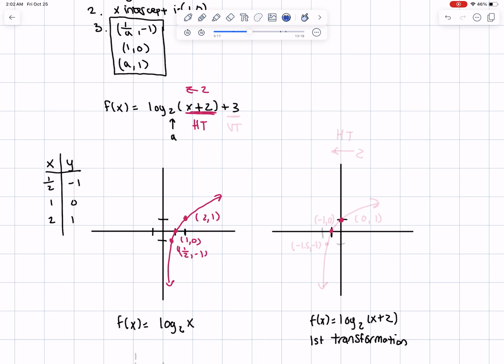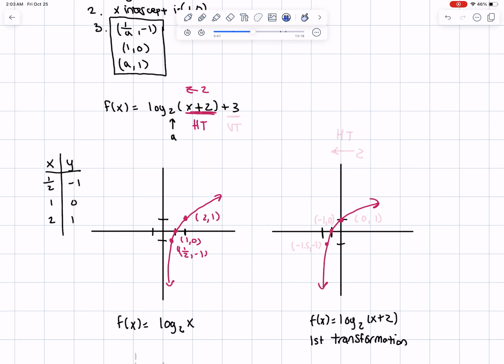So 1.5, it's going to be right about here. And that was on negative 1. So all we did is we shifted our points to the left since it's positive 2. So now let's draw our line.